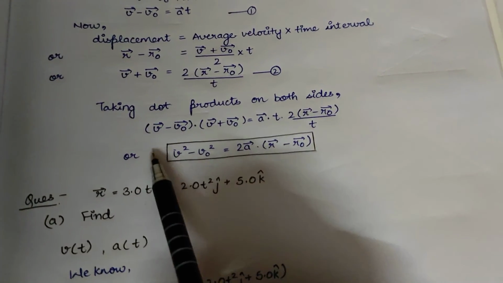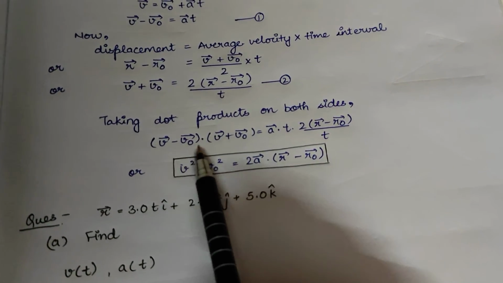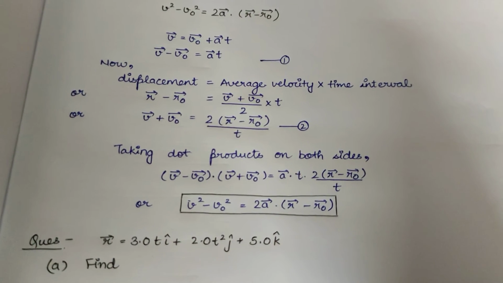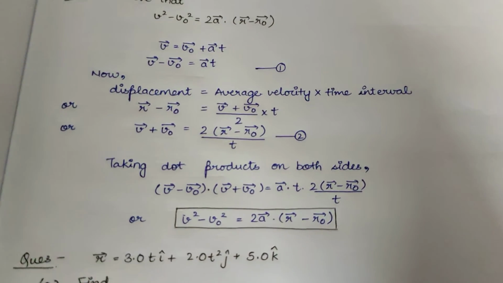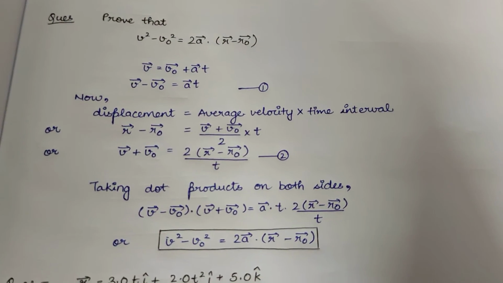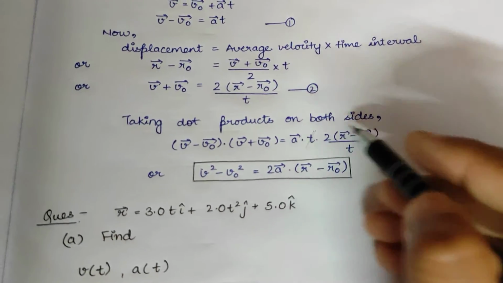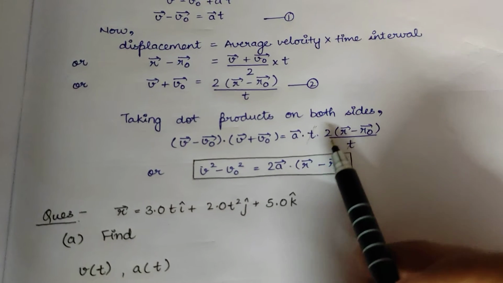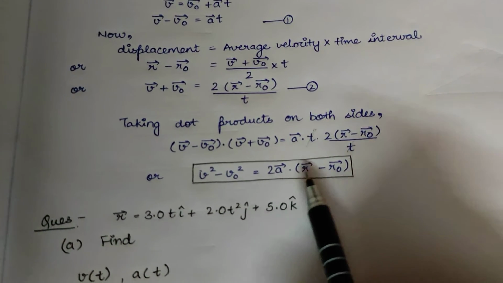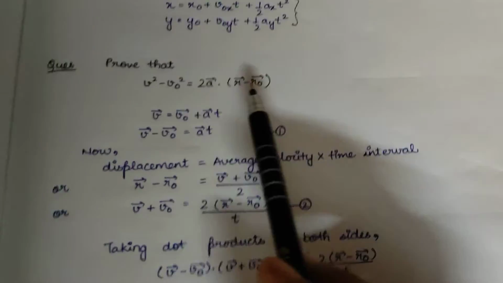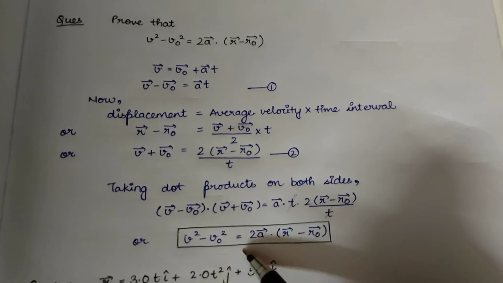Now solving it, it is a plus b times a minus b, and we know a plus b into a minus b is equal to a square minus b square. So we will get v square minus v naught square, and on the other side t and t will get cancelled. So we are left with 2 vector a dot vector r minus vector r naught. So this is what we had to prove, and we are getting this.